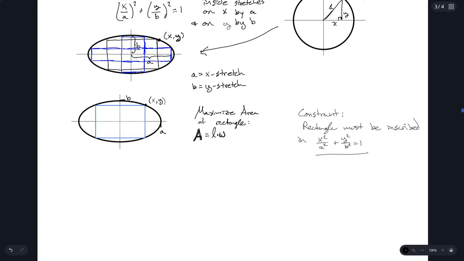So the length is here, and the width is here. And I want to get everything in terms of, say, x. So we're going to try and get it in terms of here.